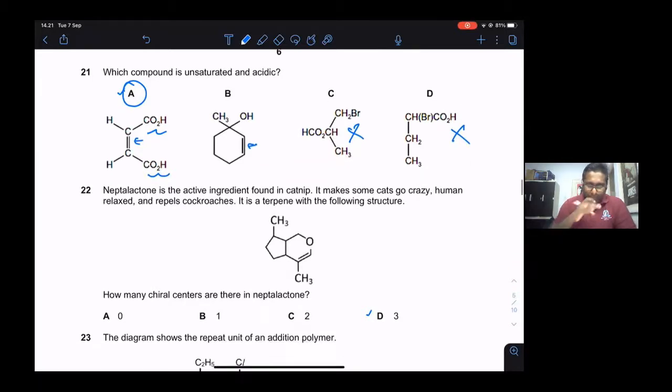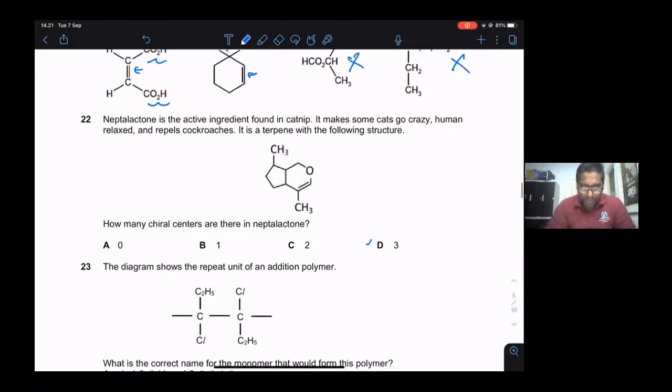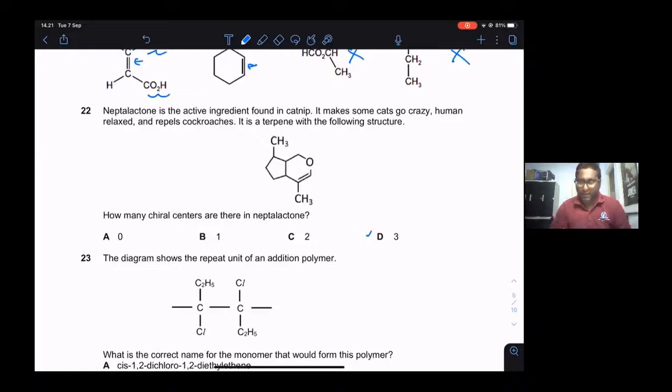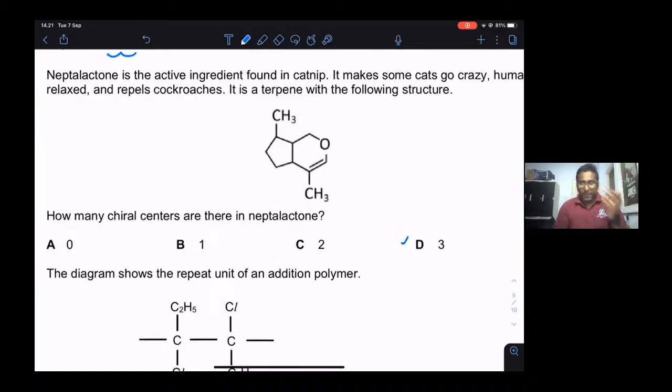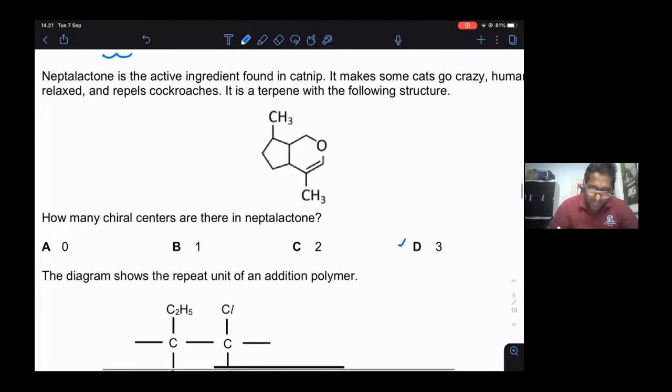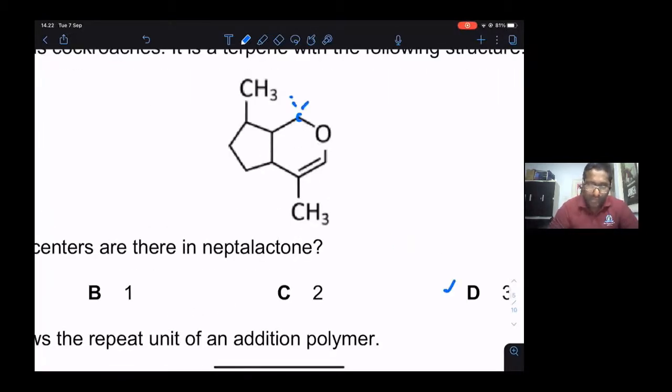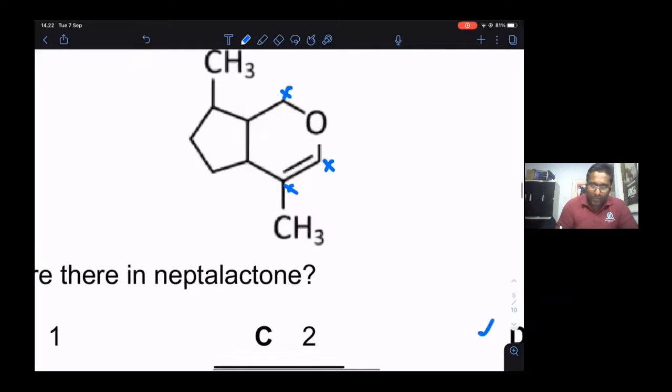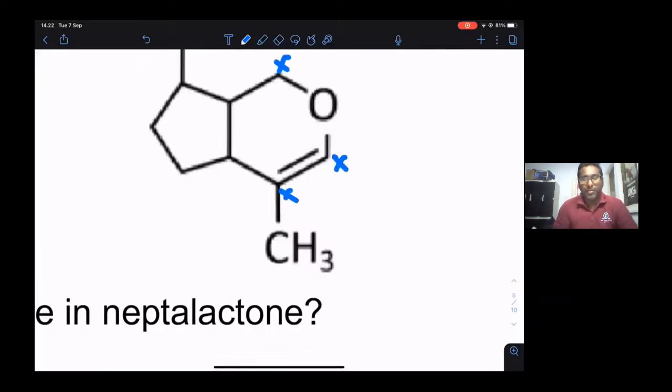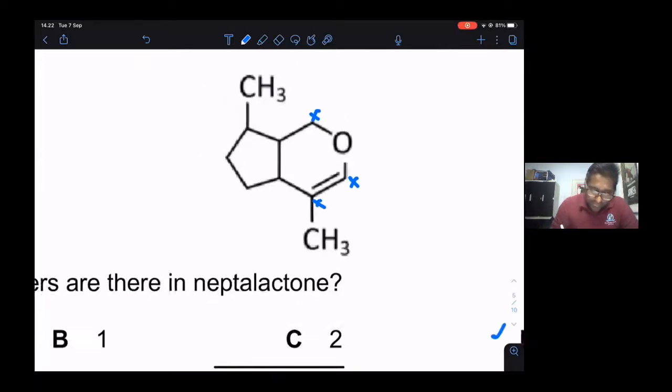Number 22. Here you have this compound, and we are looking for how many chiral centers. A chiral center means the carbon must have 4 different groups. If you have a carbon here with 2 same groups, hydrogen and hydrogen, it cannot be. So I will look for the one that has 4 different groups. Cannot, why? Because you have a double bond. If you have a double bond, the maximum groups will be 3 only, and I need 4. Next I will look over here.